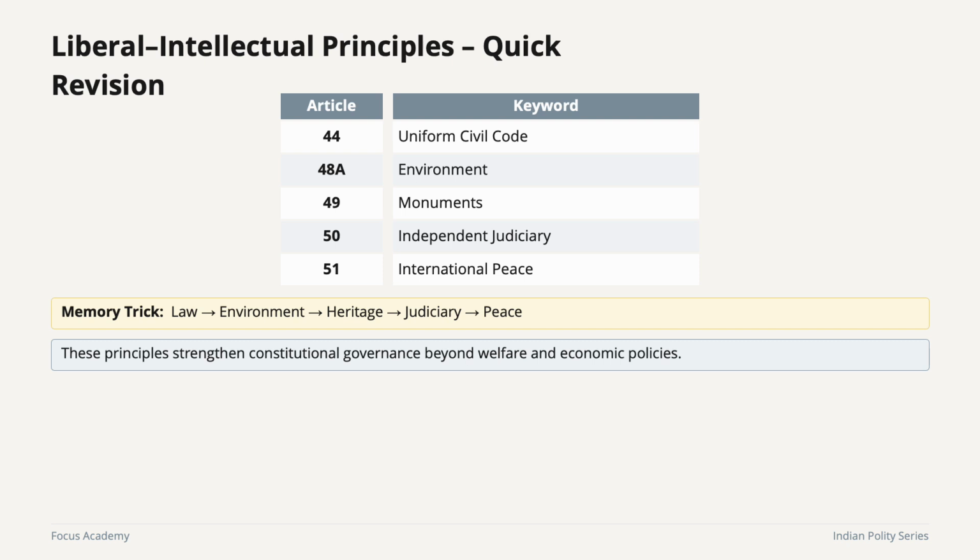But in your mains examination, there's a very good chance that they're going to ask you about the socialist principles in DPSP. So it's better that from next time you study it separately as three distinct categories, okay? It'll be easier for you to memorize, and you don't have to go back and again change the way you study. From the beginning itself, it's better you study it category wise, okay?